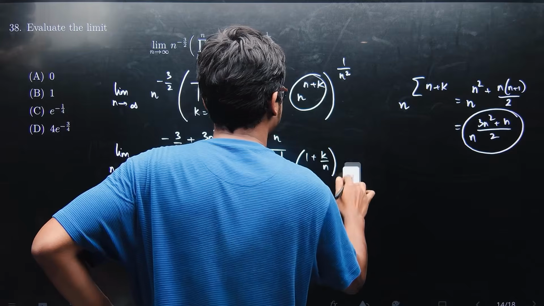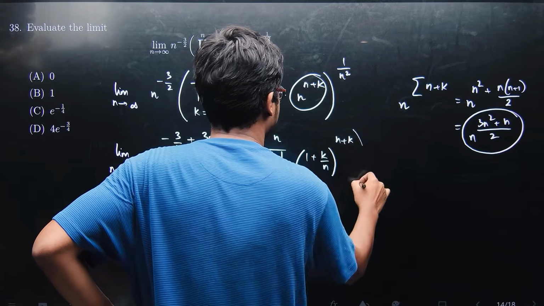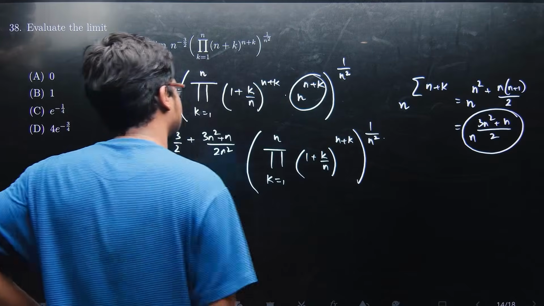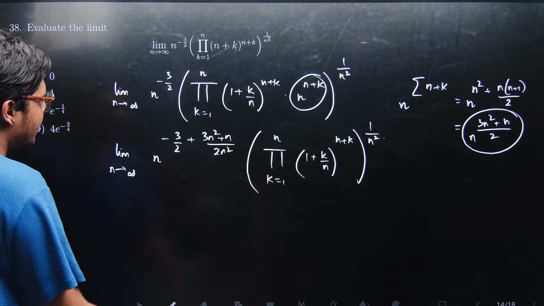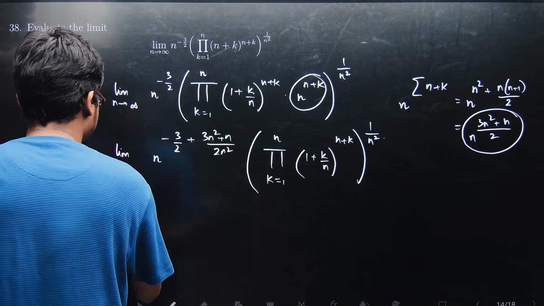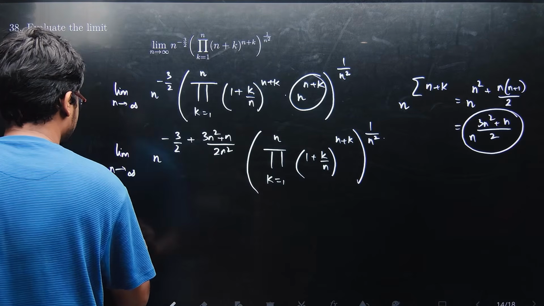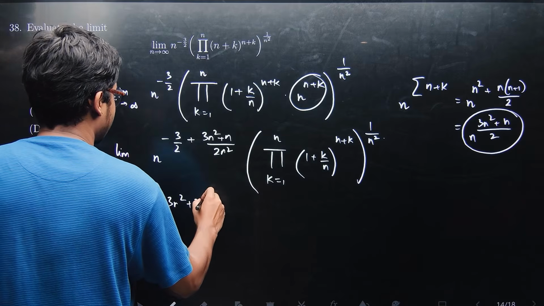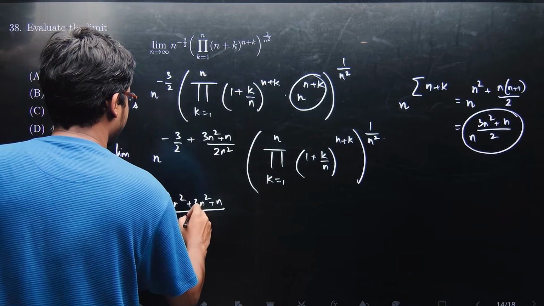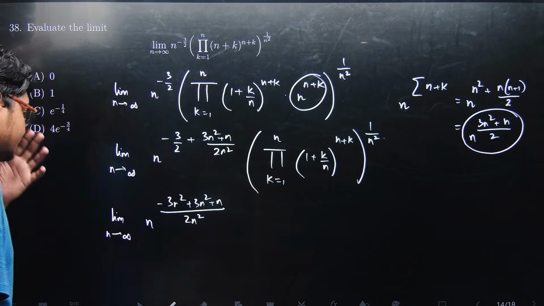So this is the power n plus k, right? Now what does this quantity give you? See, 3n square by 2n square, right? So this will just turn into minus 3n square plus 3n square plus n divided by 2n square, right?